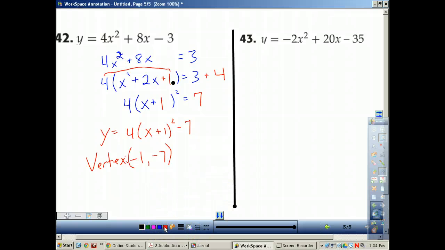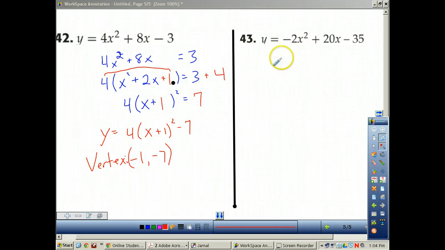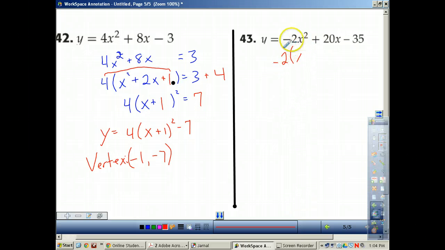So on this, once again, it was just a small little detail that if you missed it, it could cost you everything. So let's watch up here. Once again, we're going to have to take out the negative 2, whatever number is here. So negative 2 times what is negative 2x squared? Negative 2 times what is positive 20x?